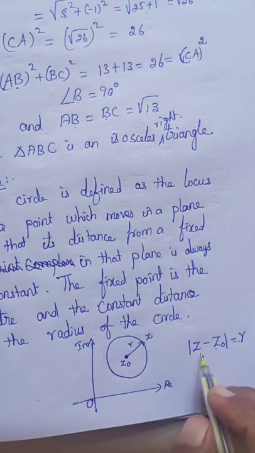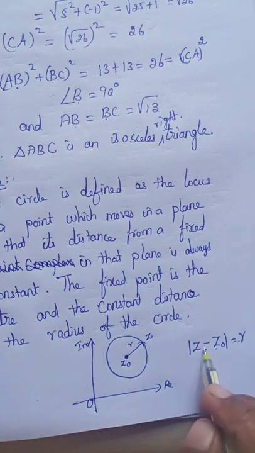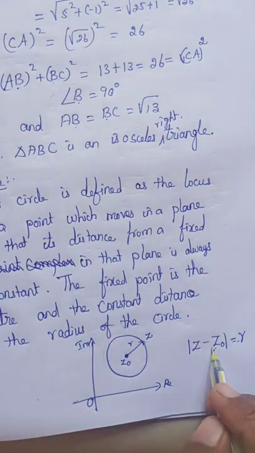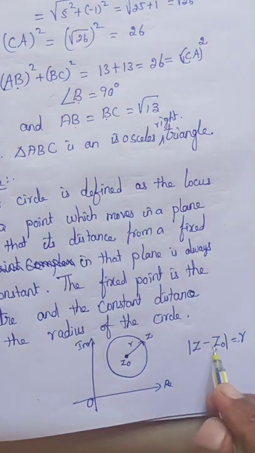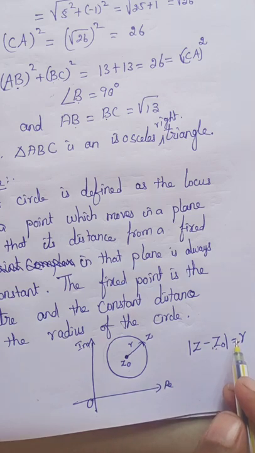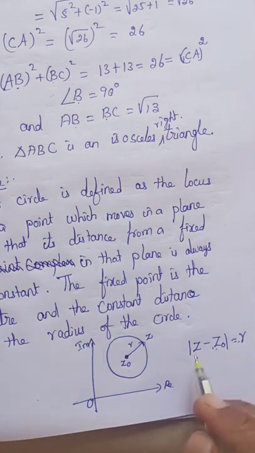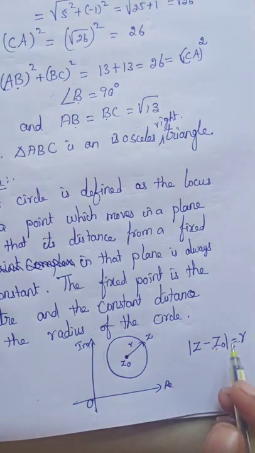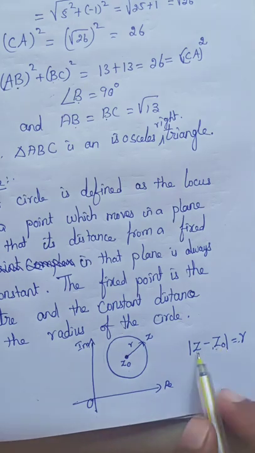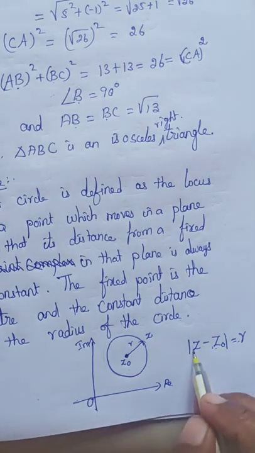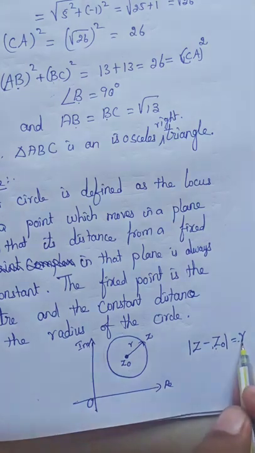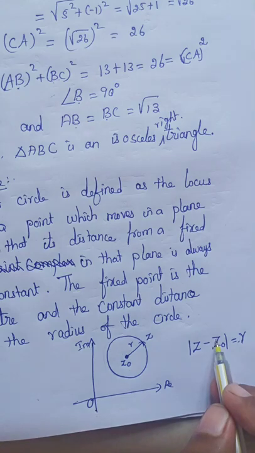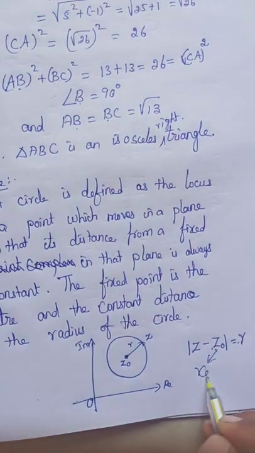The locus of Z that satisfies modulus Z minus Z0 equal to R, where Z0 is the fixed point, that is the center, and R is the radius. When a complex number equation is given and they ask to show that it is the equation of a circle, if we could bring it into the form modulus Z minus Z0 equal to R, we will say that it forms a circle, and Z0 is the center and R is the radius.